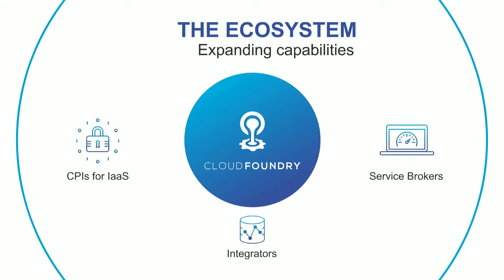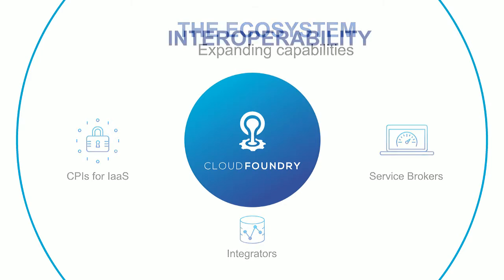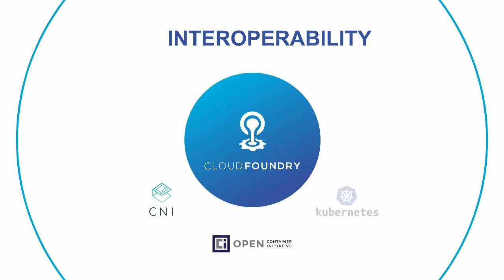And we're seeing that expansion happen for the CPIs, for the infrastructure, again, those service brokers, but also the systems integrators themselves. There's a lot of systems integrator activity happening because a lot of companies want to rework existing applications to make them more cloud native, to make them fit into the same model that the new software that they're developing fits into. So tons of opportunity there for the systems integrator market.